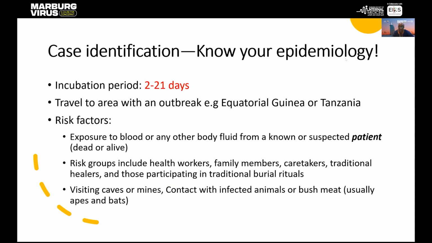If they're visiting caves or mines where they may be in contact with the Egyptian fruit bat and secretions from the bat, or contact with infected animals or bushmeat, usually bats and apes, with all these risk factors, we put this patient in the category of a probable case of Marburg viral disease and higher risk.